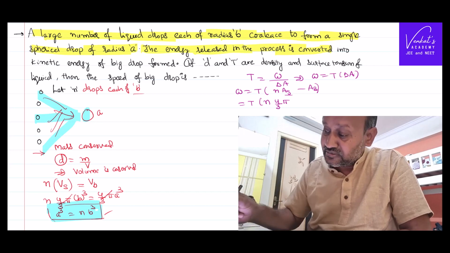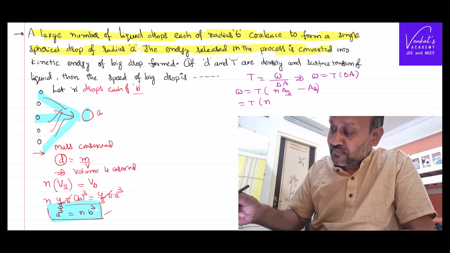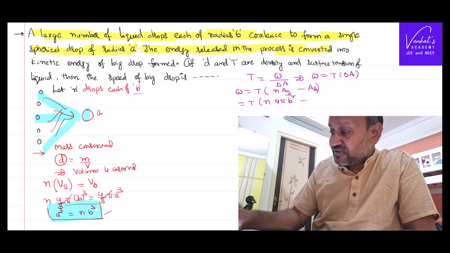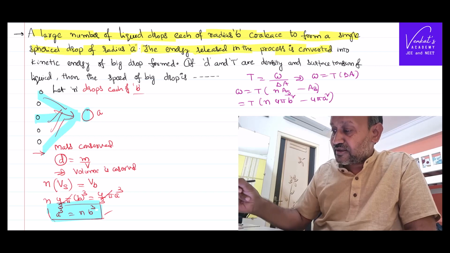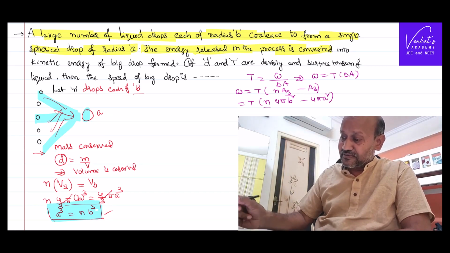So I have to correct it a little. So n into the area of the small drop, 4 pi b square, minus the area of the big drop, 4 pi a square.